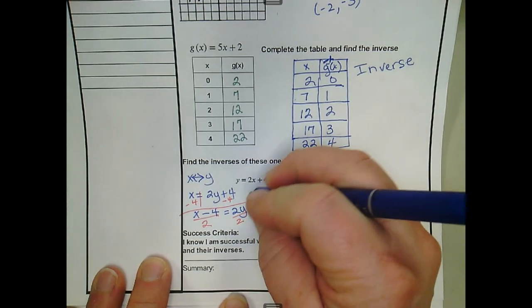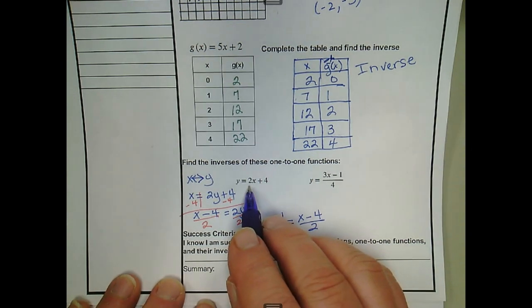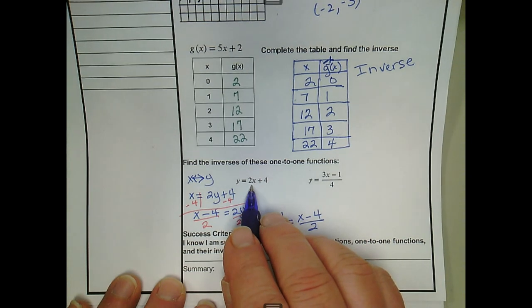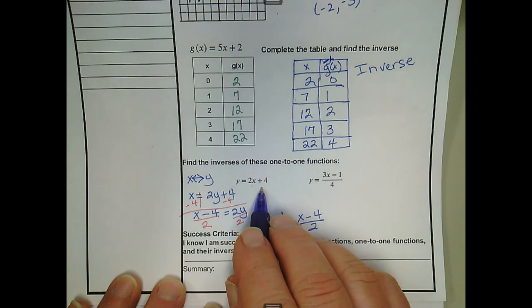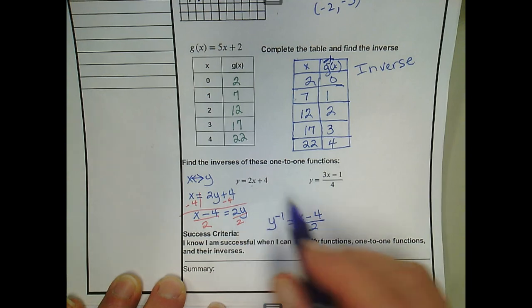Okay, what if you want to think this out? You're undoing everything. I've taken some number. First thing I did was multiply it by 2. Then I added 4. How do I undo the last thing that happened? How do I undo adding 4?